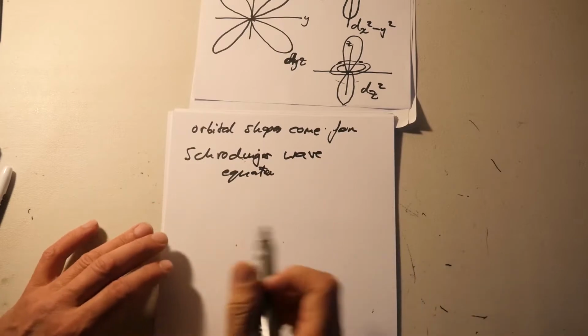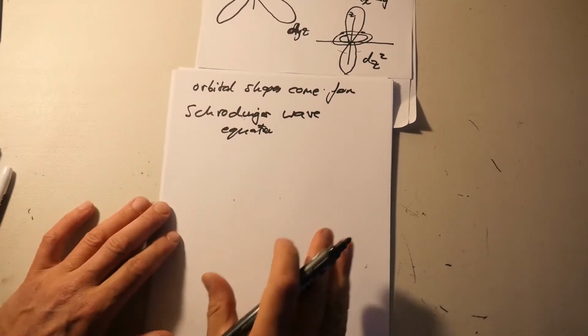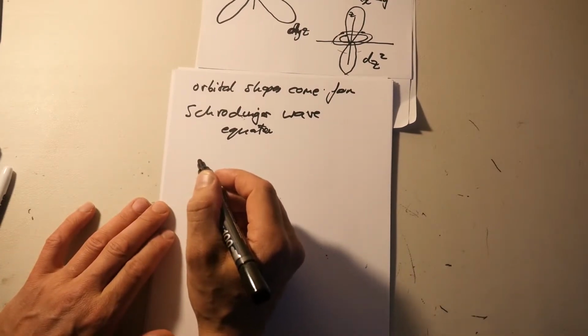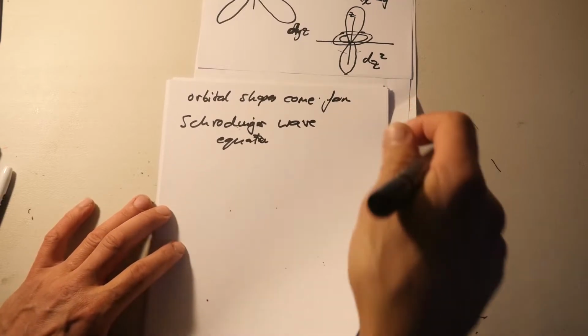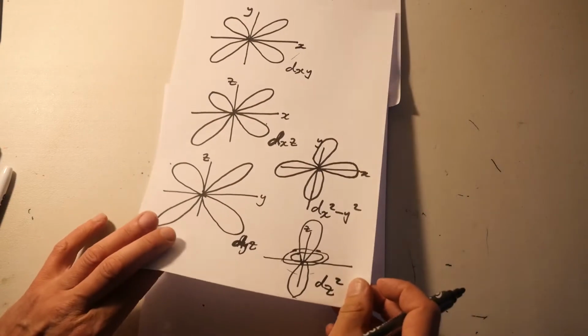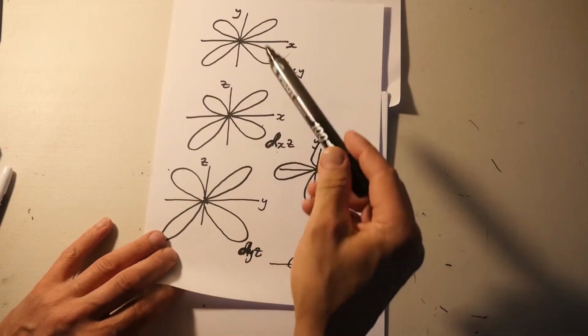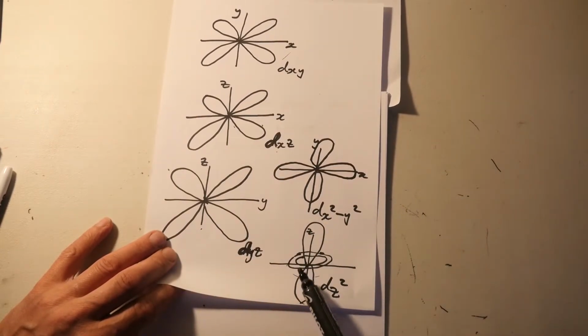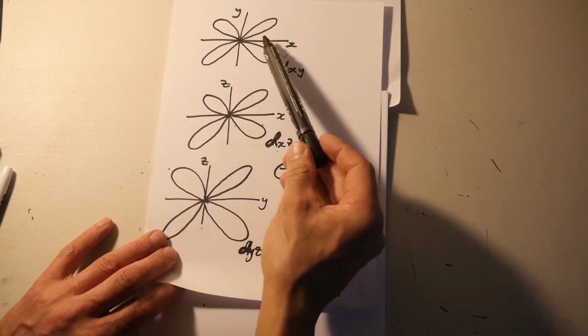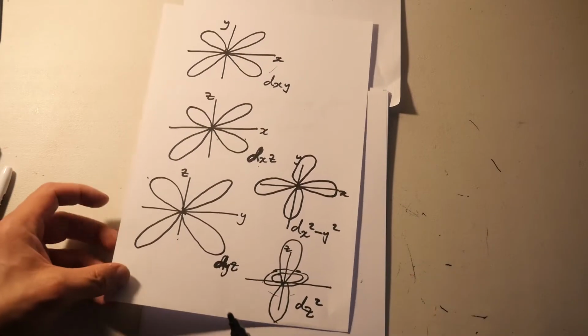When you solve it, you get these shapes. By the way, there's a maximum of 10 electrons possible in the d orbitals, and there are 5 orbitals, 1, 2, 3, 4, 5. Each of these can take a total of 2 electrons.